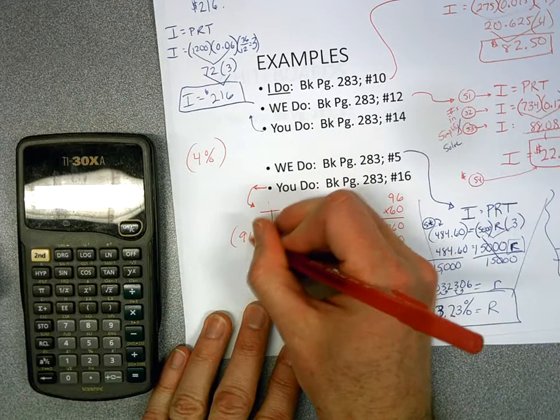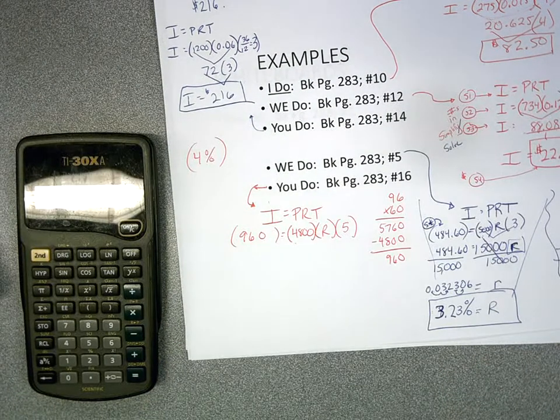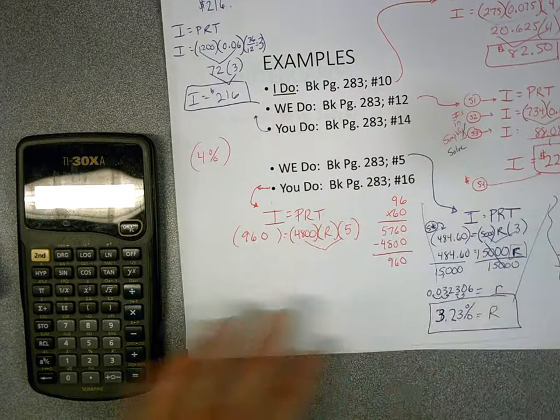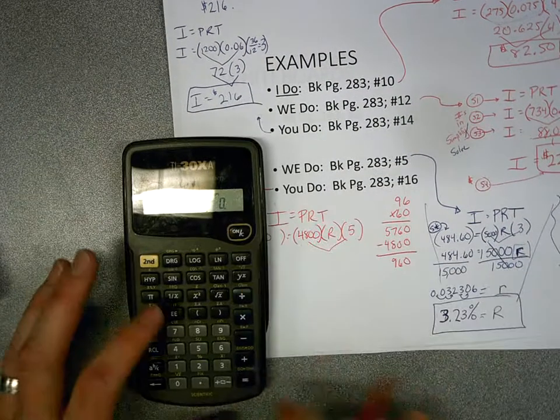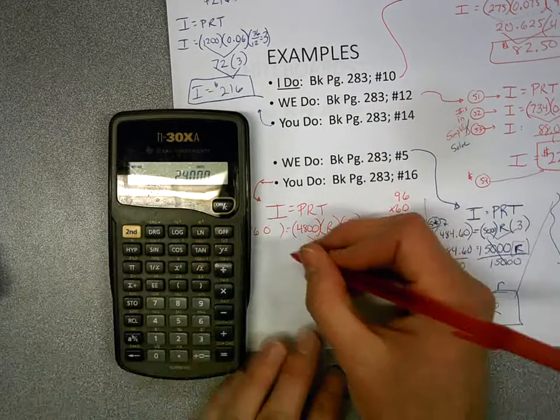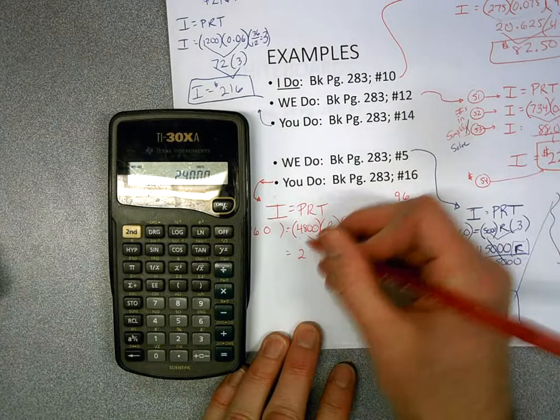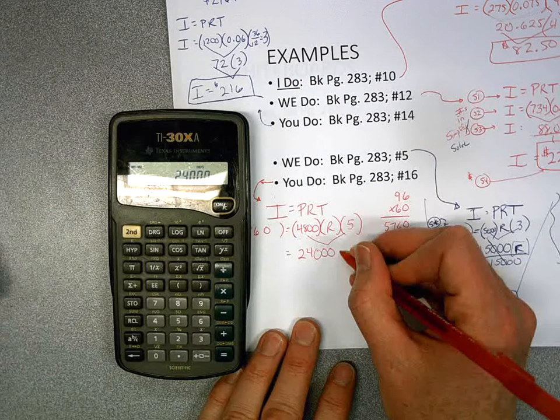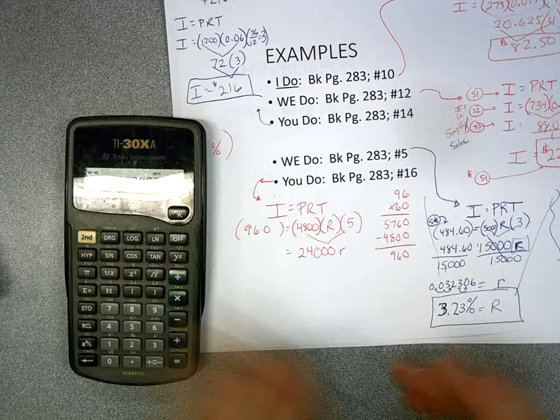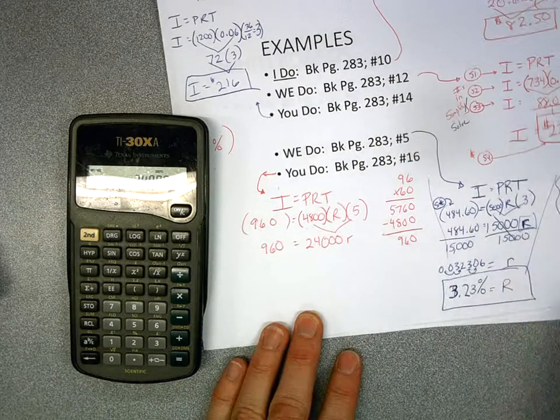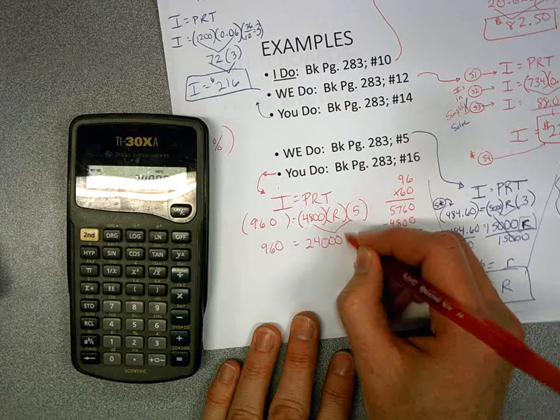So now I solve for R. I start by simplifying the 4,800 times 5, and that gives me 24,000 times R. In this case, I'll just change it to a variable again, equals 960. And just like over here, we solve for R. It's being multiplied with 24,000, so we do the inverse.